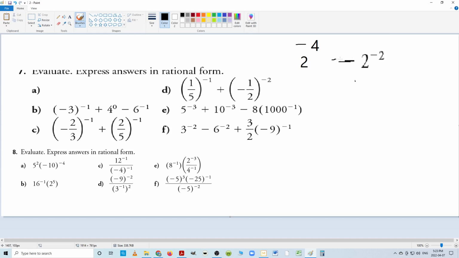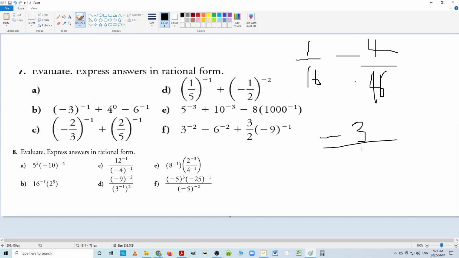Well, it's a minus, so you don't really have to resolve it at all, because it's really, what's 2 to the minus 4? It's 1 over 16, minus, what's 2 to the minus 2? It's 1 over 4. And so you have to multiply this by 4. You get 4 over 16. So the answer is minus 3 over 16.